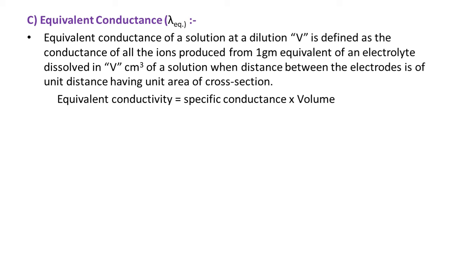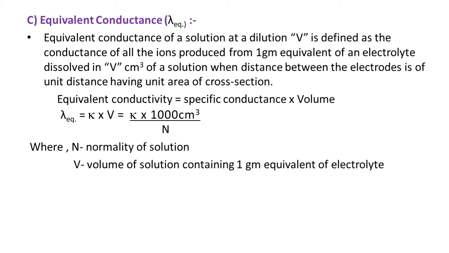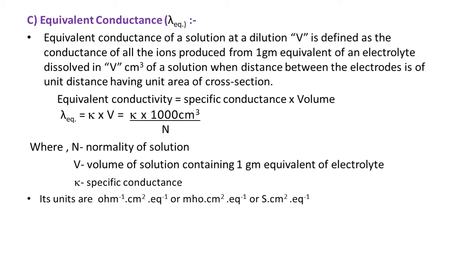Therefore, equivalent conductivity equals specific conductance into volume. Lambda equivalent equals small kappa into V, that is equal to small kappa into 1000 cubic centimeter divided by N, where N is the normality of the solution, V is the volume of solution containing 1 gram equivalent of electrolyte, and small kappa is specific conductance.